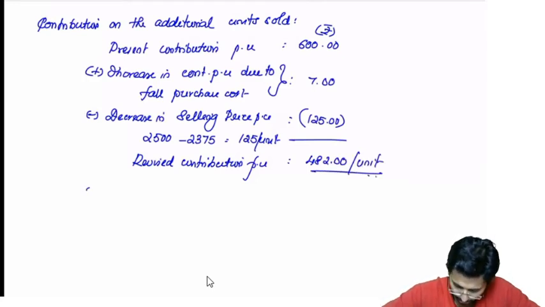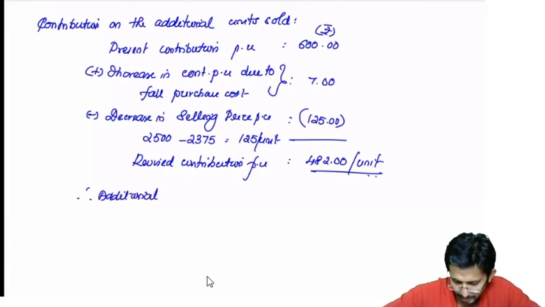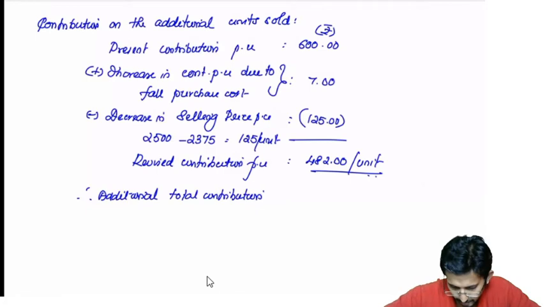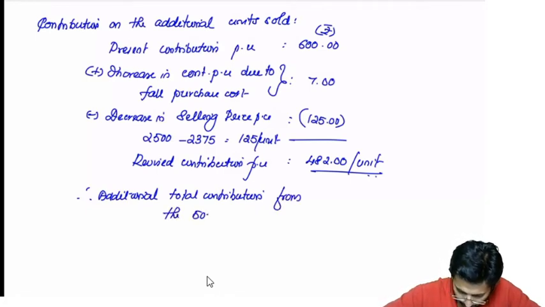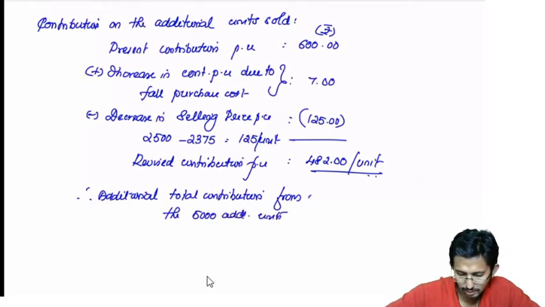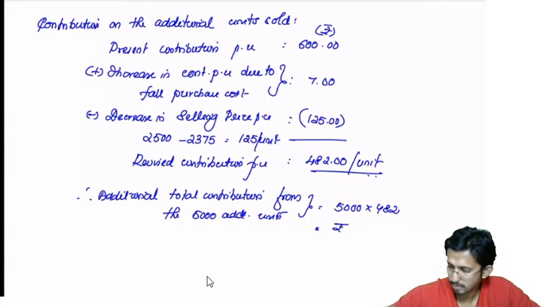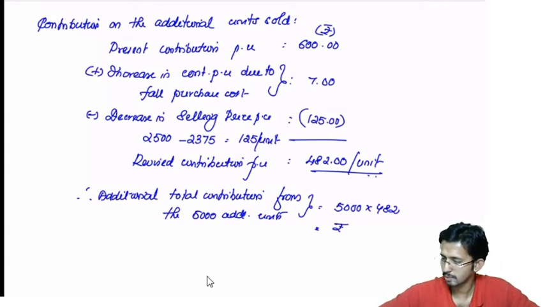Okay, therefore additional total contribution from the 5,000 additional units will be 5,000 into 482, that will give you 24 lakh 10,000.